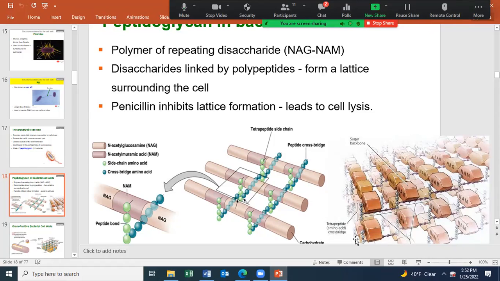Now it's called peptidoglycan because glycan is a sugar, meaning NAG and NAM are the sugars, but it has short peptides hooking the peptidoglycan together. And there's one peptide linking this NAG and NAM with the one below it.